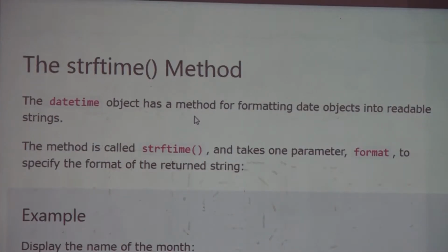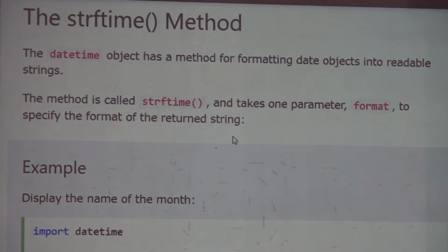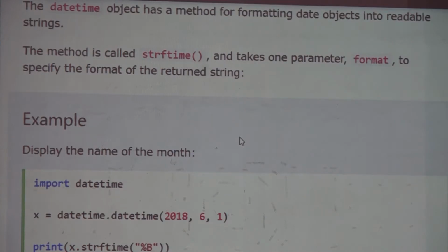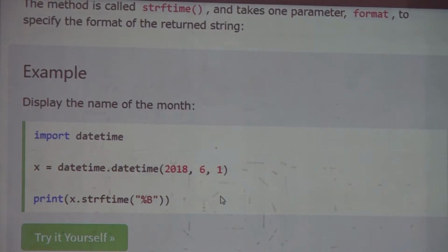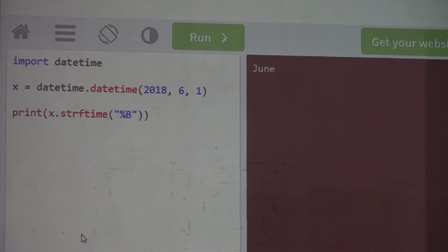Then string format time has various things, so you can convert the date time in this. Then if you say %B, I guess you will get the month in long form. I think if you say small b, you will get the abbreviation of the month. I think you will get Jun only. So big B gives you the complete name.